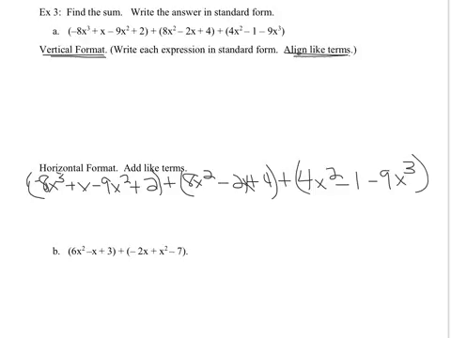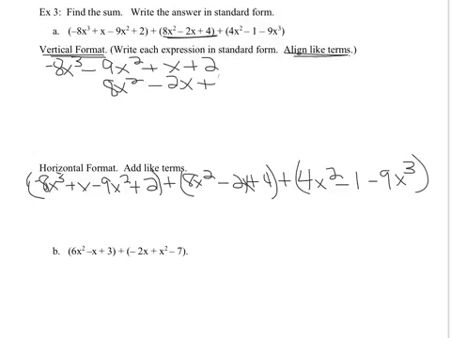So, for example, we take this first polynomial, I have negative 8x cubed. I then put minus 9x squared plus x plus 2, getting standard form. Then I can take my second polynomial and line up the like terms. So I'd have 8x squared minus 2x plus 4.